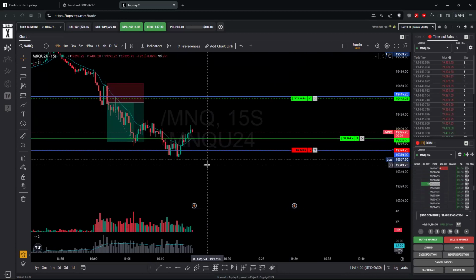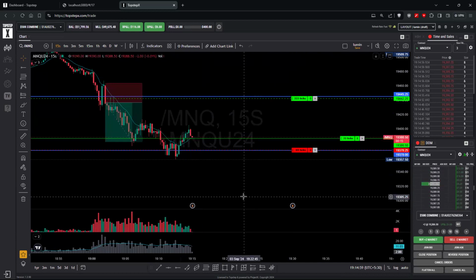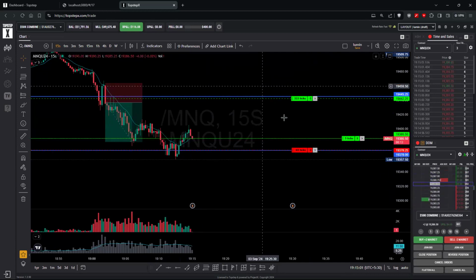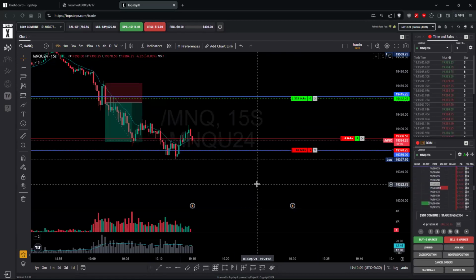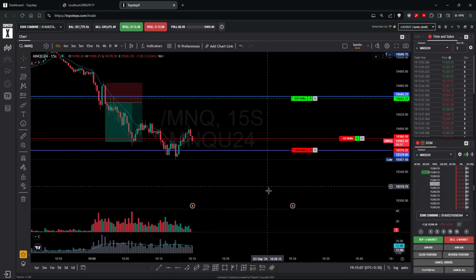As far as I'm concerned, this is it. The strategy is pretty simple, but my risk reward allows me to get into these trades. I can take 10 trades like this, and in the end, the probabilities are going to favor me.